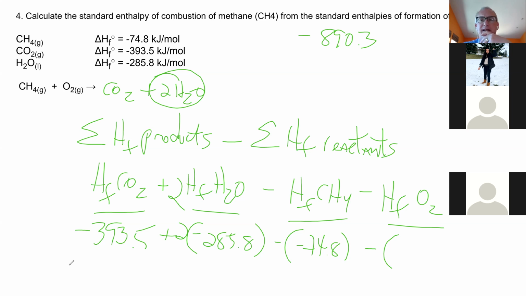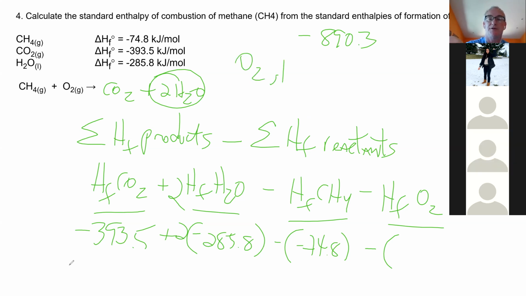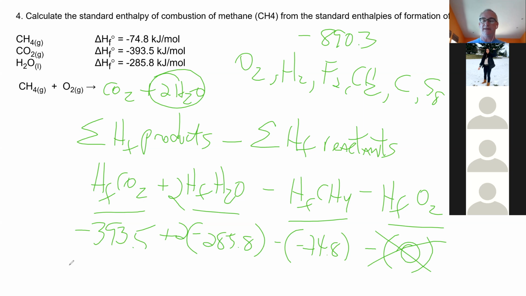Remember, what was the heat of formation for all the most stable forms of atoms at room temperature? They were all the same. So O2, 0. Yeah, O2 is the same as H2, which is the same as F2, which is the same as Cl2, which is the same as carbon, which is the same as sulfur 8. They're all the most stable forms of those elements at room temperature. So that is 0, so we don't even need to consider that.